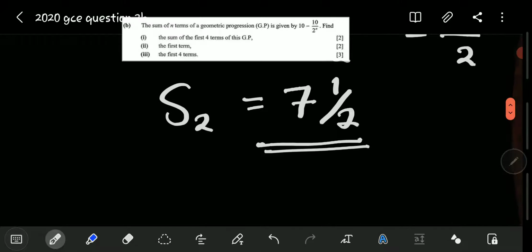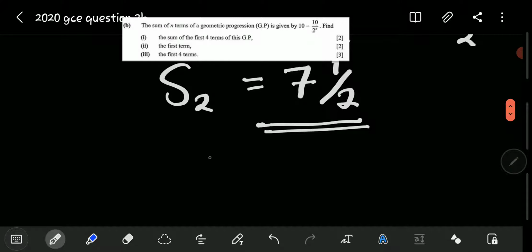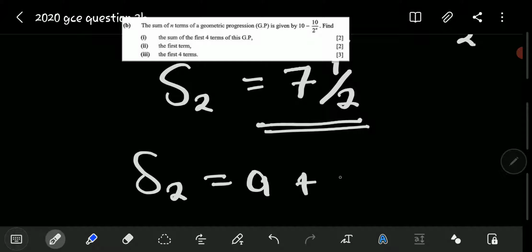So for us to find the second term, what we do is, the sum of the first 2 terms is equal to the first term plus the second term.